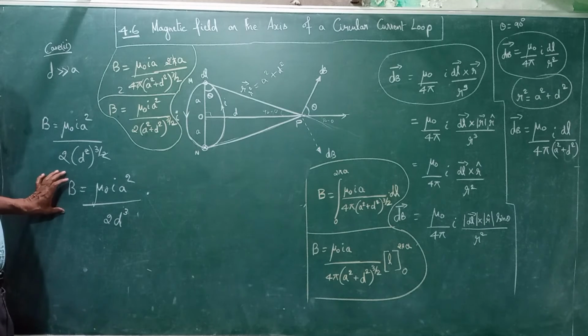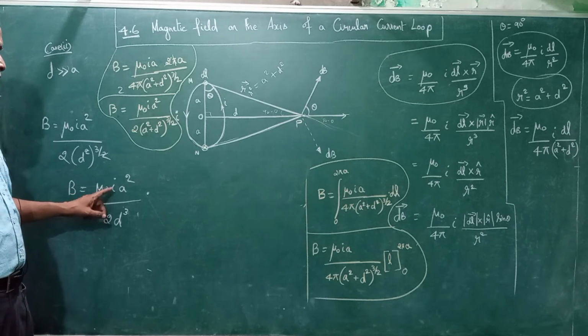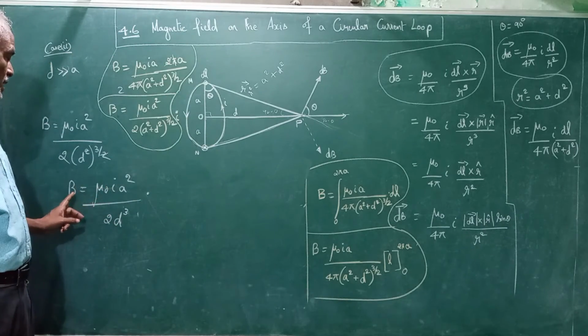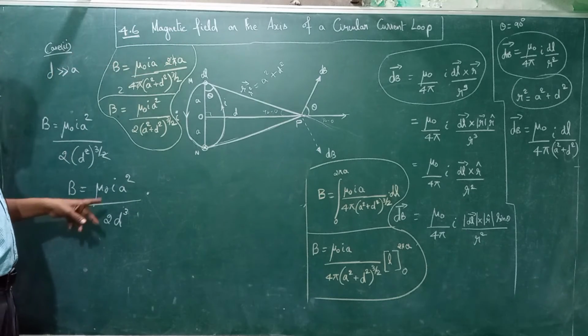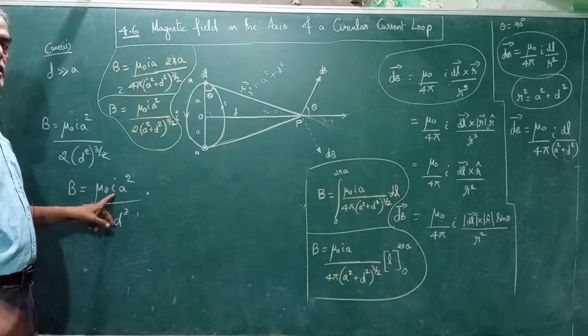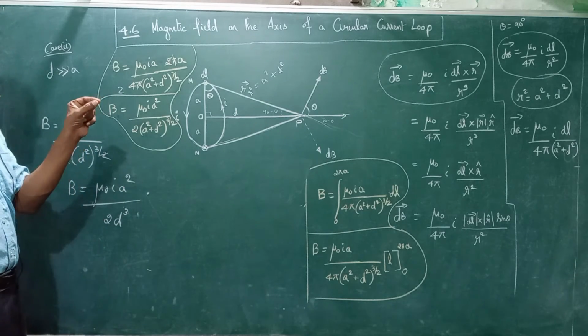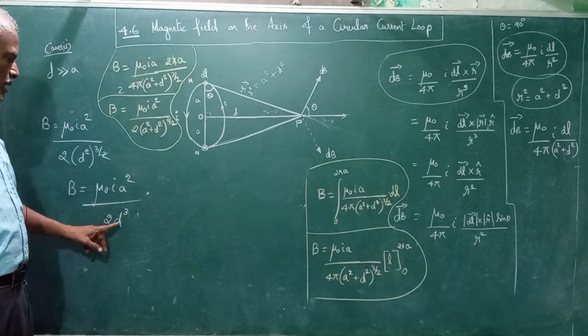Now if you carefully see the magnetic flux density, it depends on the current. So now we are interested at the distant point, very far point. The magnetic flux density at that point, because of the circular coil, it depends on the current through the coil, radius, but radius is very small. Okay, and this term is divided by d cube.